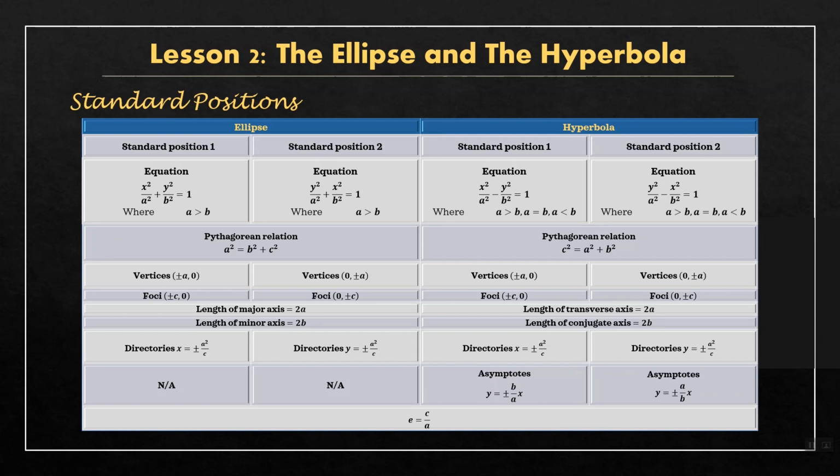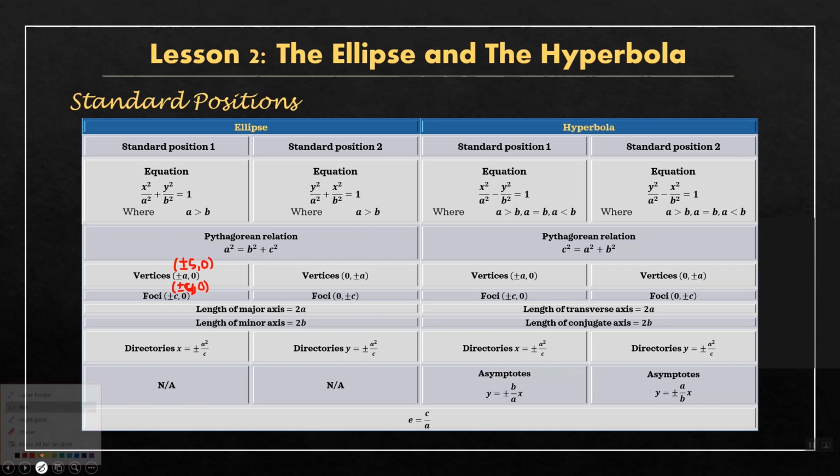Now, the part that we have explained so far is this. We've talked about the vertices. We said in standard position number 1, the vertices are plus or minus a and 0. So we've seen, for example, plus and minus 5 and 0, 2 points. The foci are plus or minus c and 0, which is, for example, 3 and 0, right?